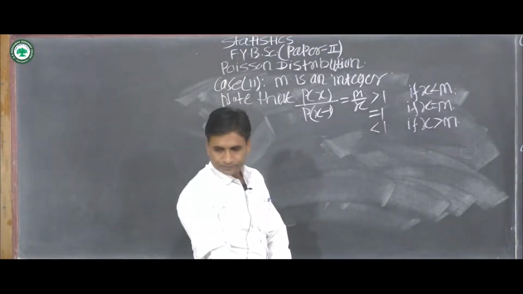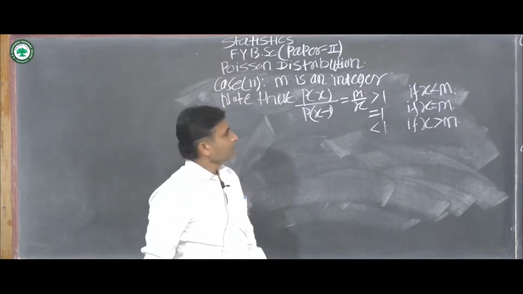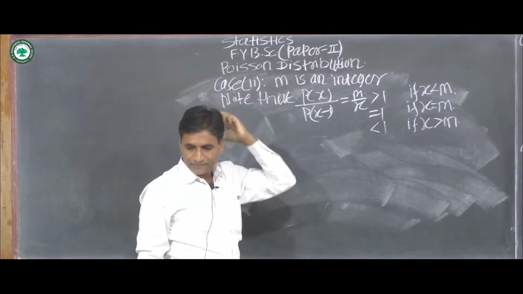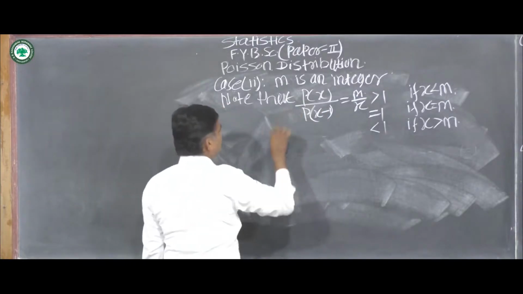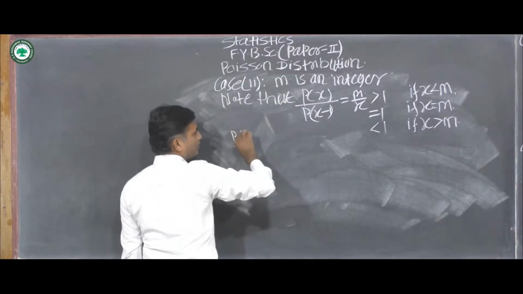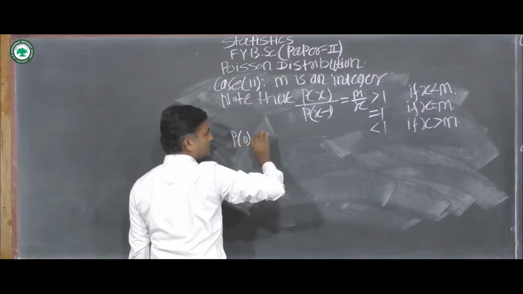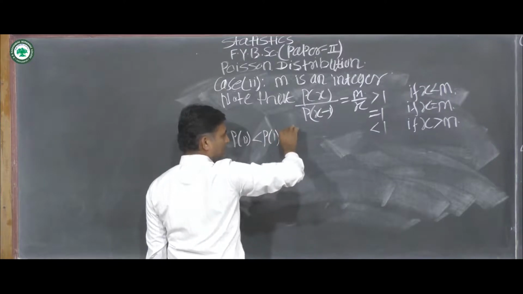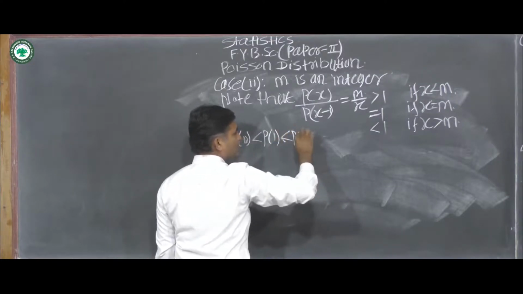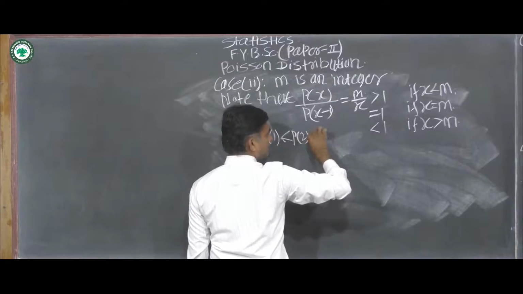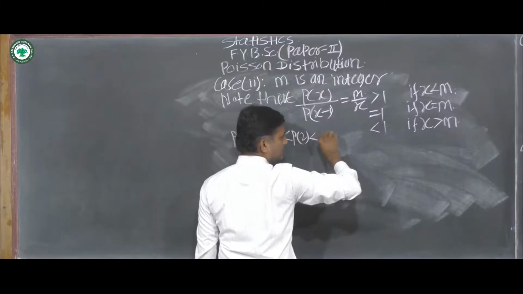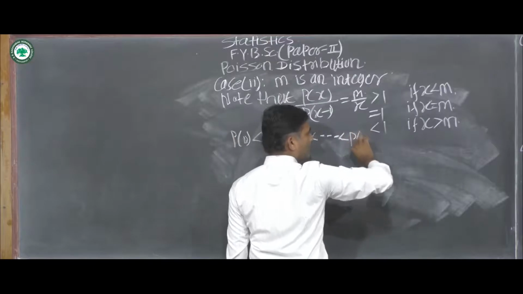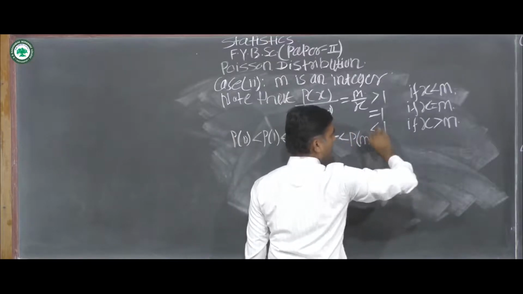Now, like case 1, this can be written as p(0) is less than p(1) is less than p(2) is less than, and so on, less than p(m minus 1).